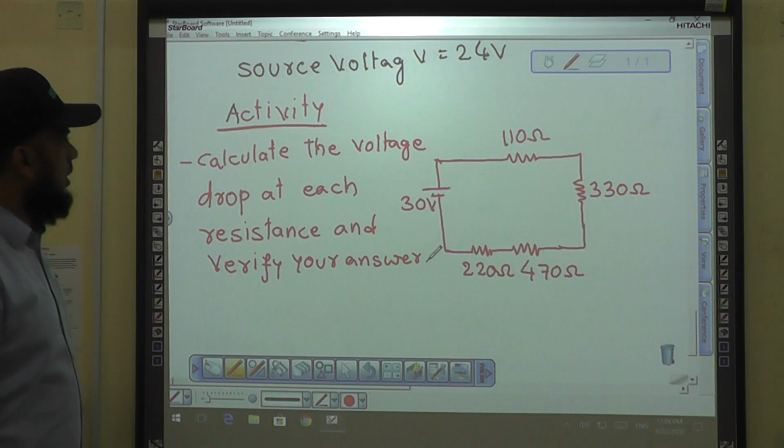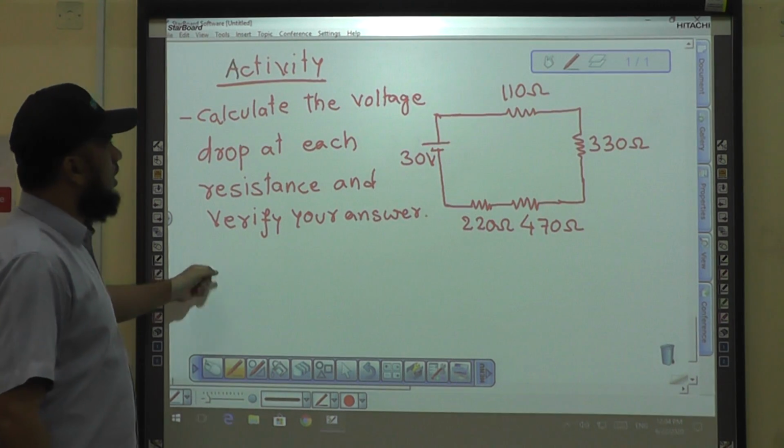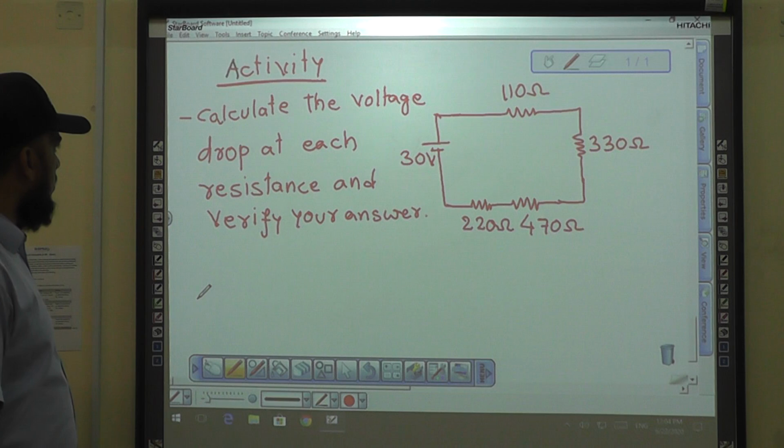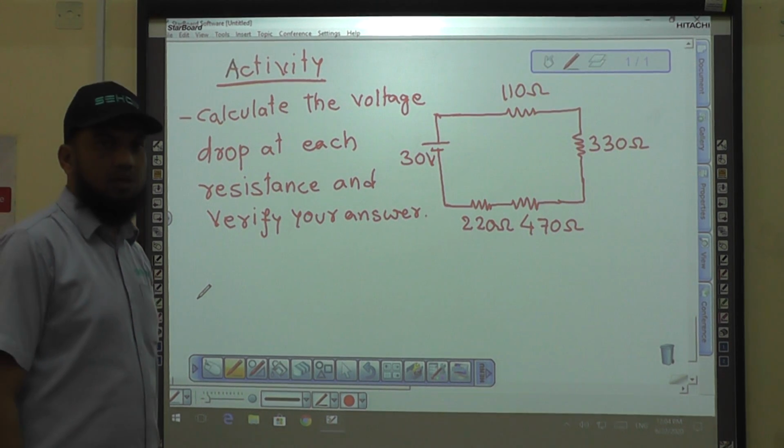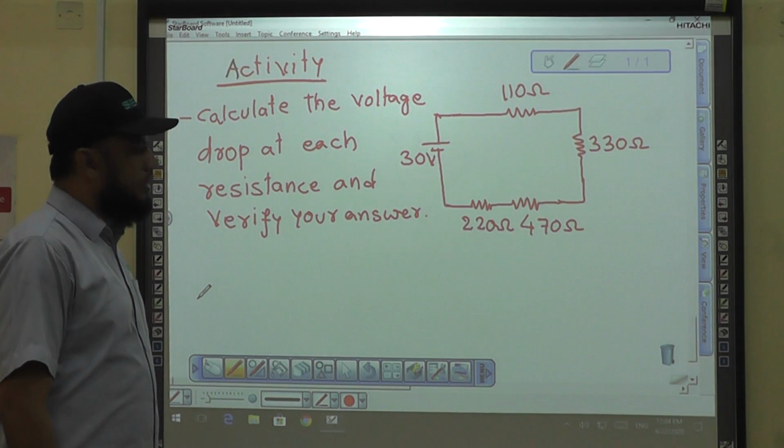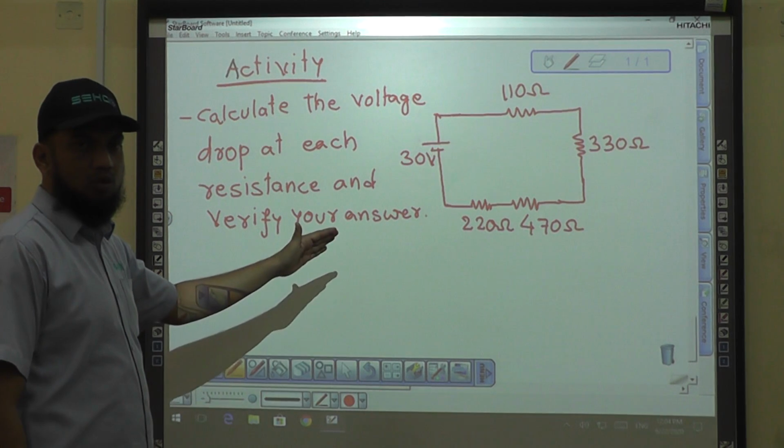So please do this activity. You have to do this activity at home and send it to me in the WhatsApp group. Thank you very much. This is what we have learned about the voltage divider circuit.